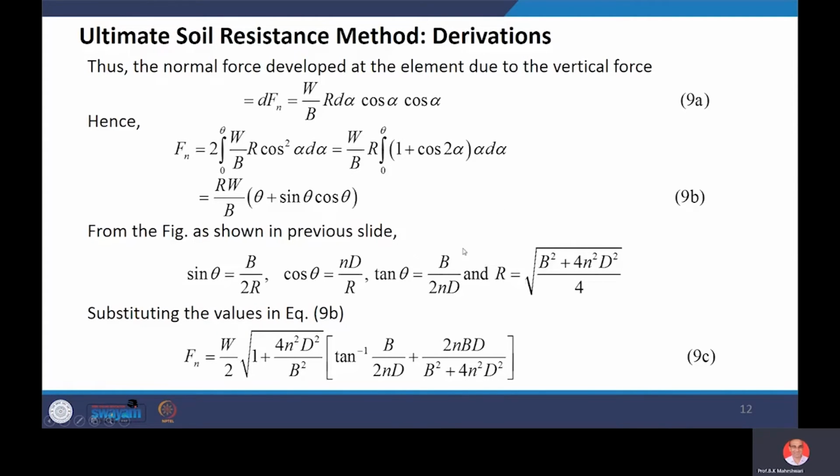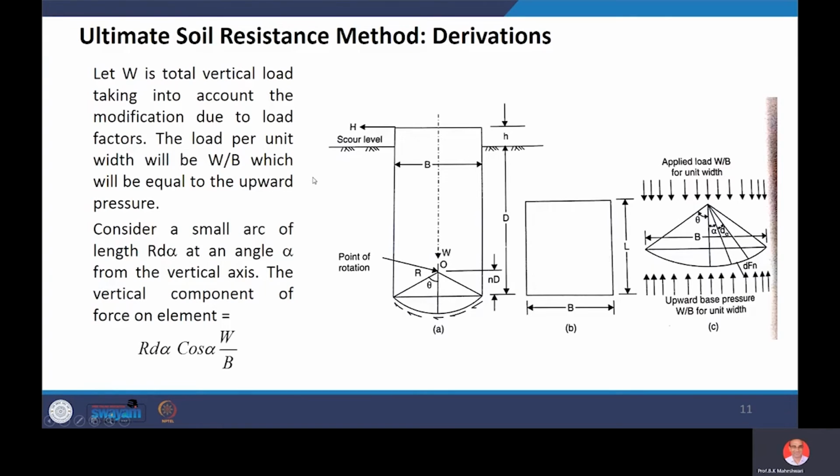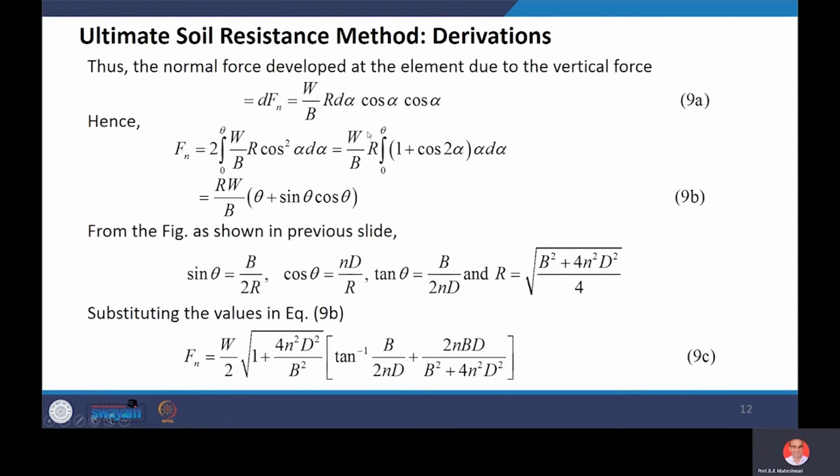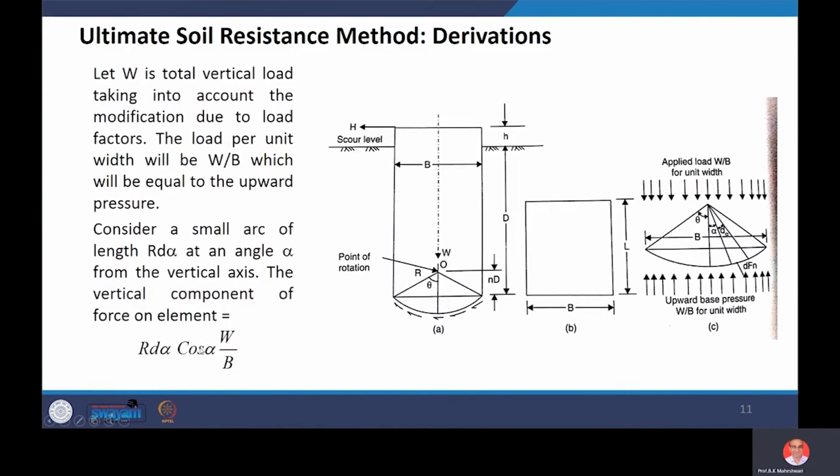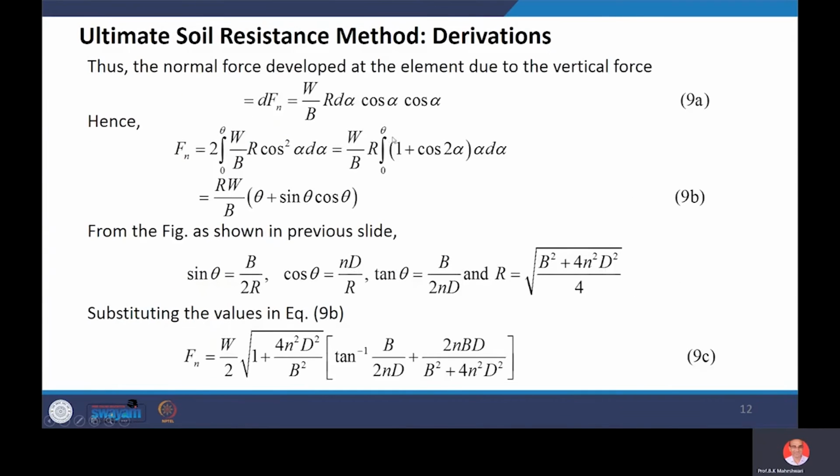In this case, this is for a particular slice, and it should be cos alpha because this force is a component, and the cos alpha is its component. Now to calculate the value of N, it should be integrated from 0 to theta. Once you do this integration, you end up with this equation: R W by B times theta plus sin theta cos theta.